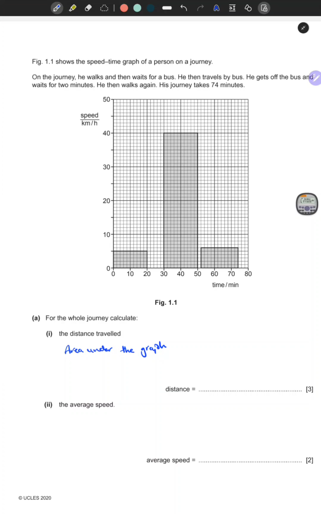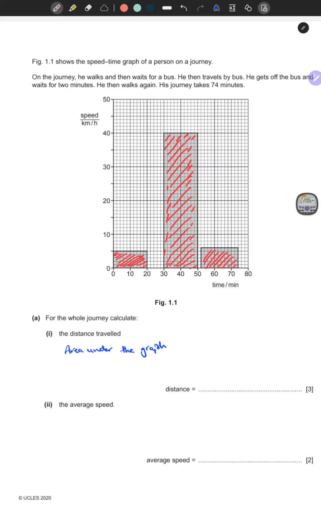And the area under the graph simply will equal finding this area and then adding it to this area as well, and this one also here.